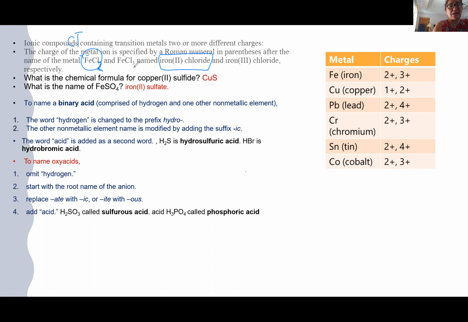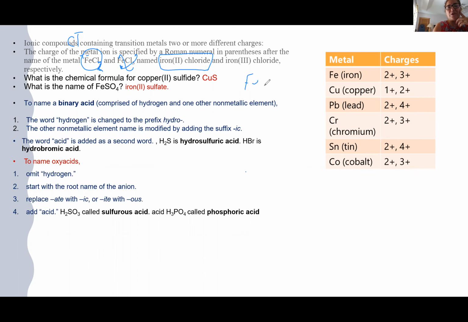Or you could do the reverse. I'm going to give the 3 from chlorine to iron, and the 1 from iron to chlorine. So chlorine is 1 minus and the Fe is 3 plus. It works often, but you just have to pay attention to whether it makes sense.